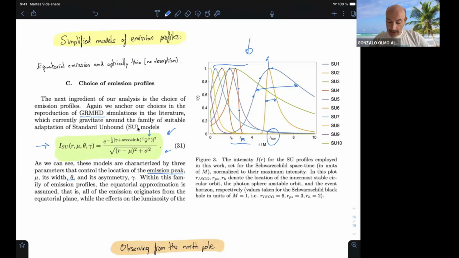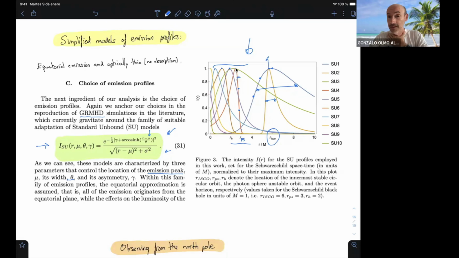It's important to note that in these intensity profiles, the maximum emission is, for instance in this one, at this point, but this point is near the event horizon. So this means that the gravitational redshift in that region will be very high, okay?